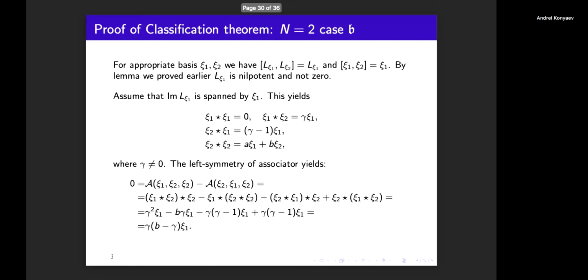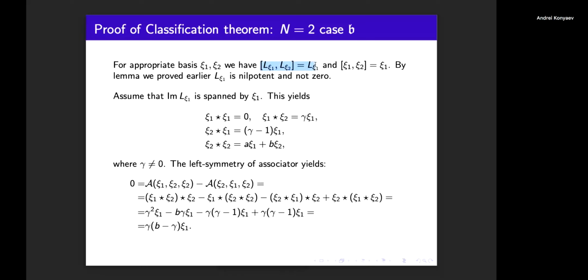Those are simple algebras. Now we assume that the associative algebra is not commutative. Here, first, we use that in the appropriate coordinates, the Lie algebra has a very specific form, right? Especially this form, right? That's what we discussed.